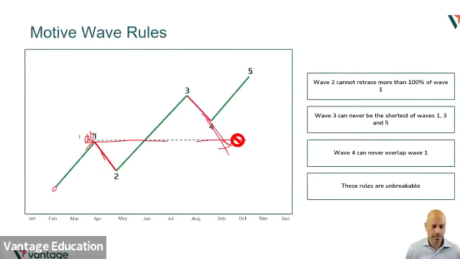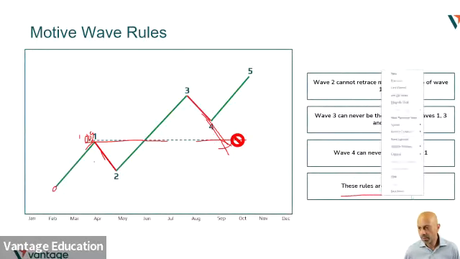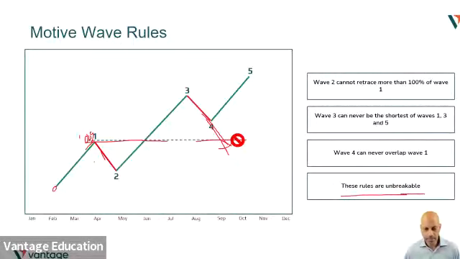If wave 4, the corrective wave, goes below the peak of wave 1, we cannot apply Elliott wave theory to this part of the price structure. So do take note, these are 3 unbreakable rules, and they must be adhered to if we are to implement Elliott wave theory.